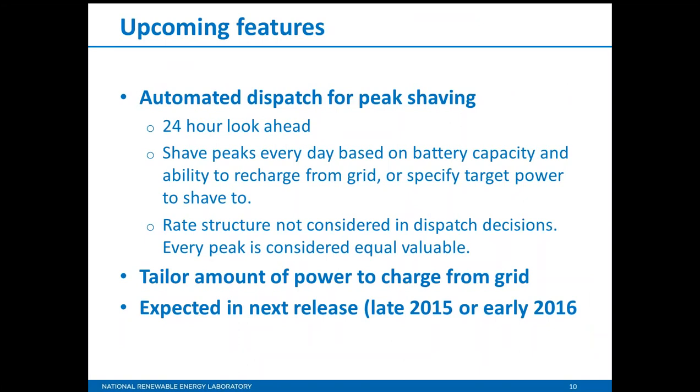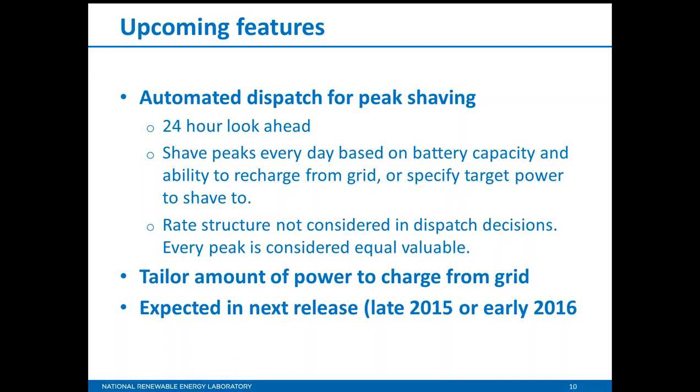So as I spent some time explaining on the dispatch slide, the current battery controller is somewhat limited in that it's not really ideal for performing peak shaving. And so we've been in the process of developing an automated dispatch controller to do peak shaving.